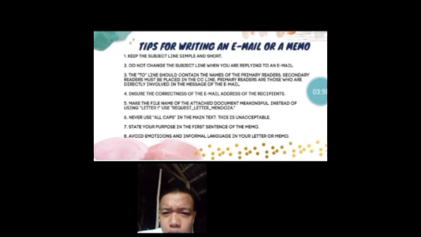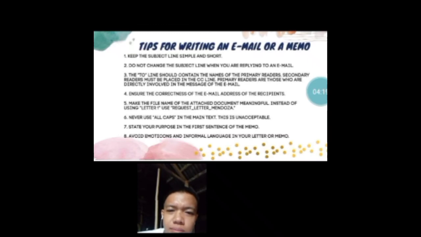Number 3, the To line should contain the names of the primary readers. Secondary readers must be placed in the CC line.